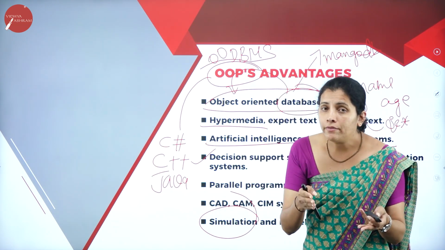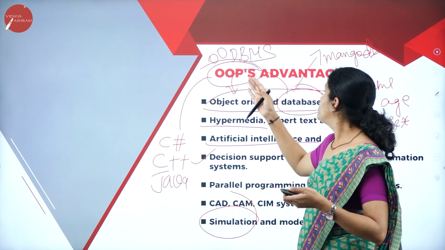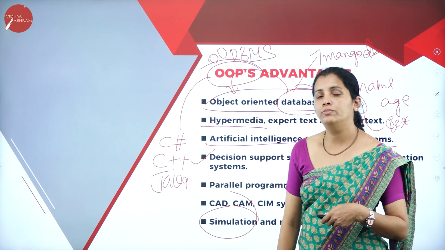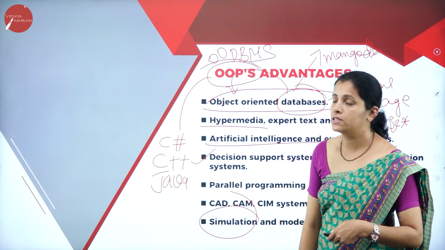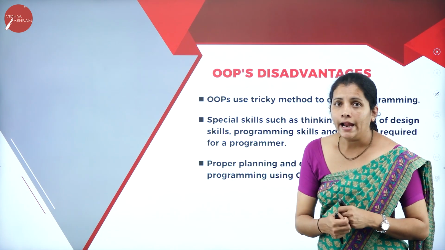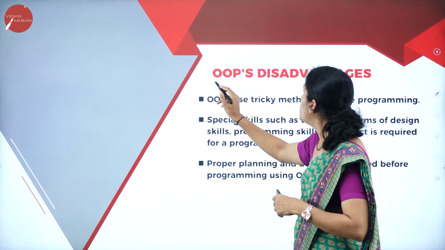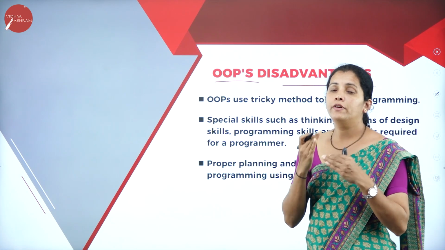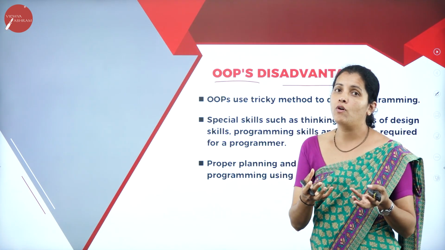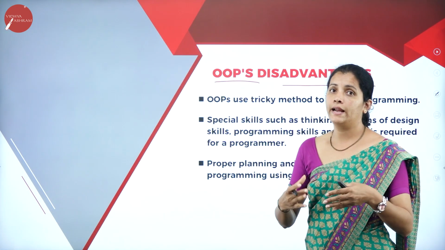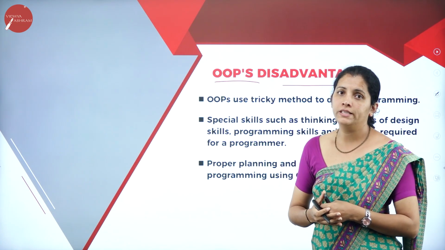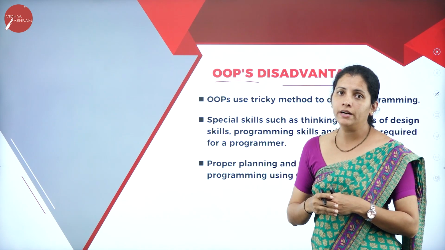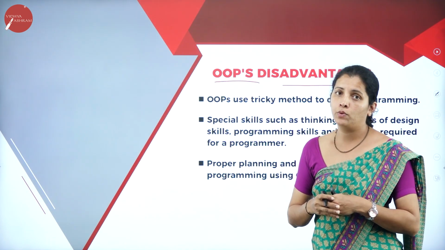So this is the advantage of object-oriented programming languages. Then at the end, I'm going to have OOPS disadvantages. That means till now we were talking about the benefits and advantages of object-oriented programming. Then what is the disadvantage of object-oriented programming?